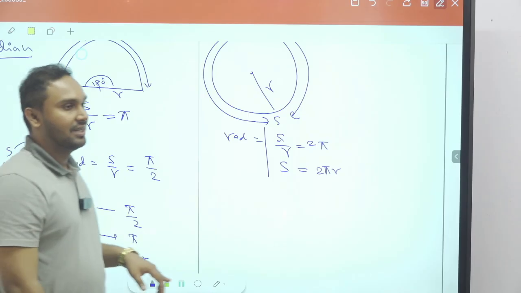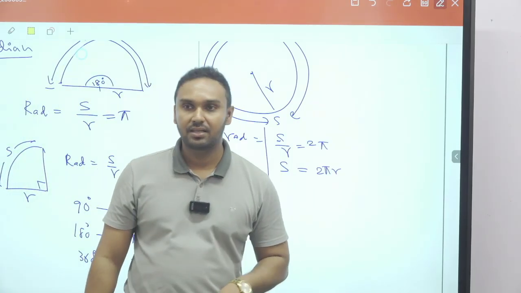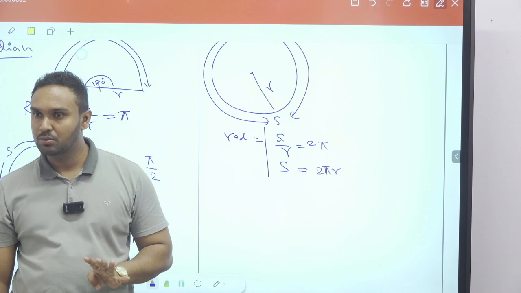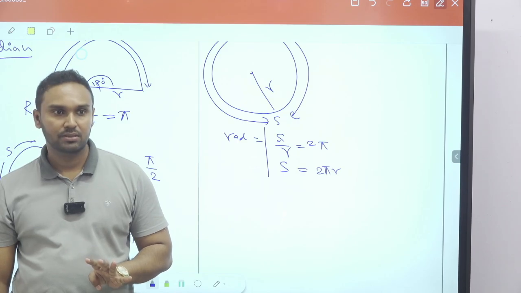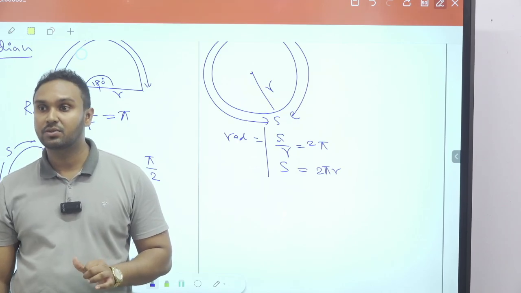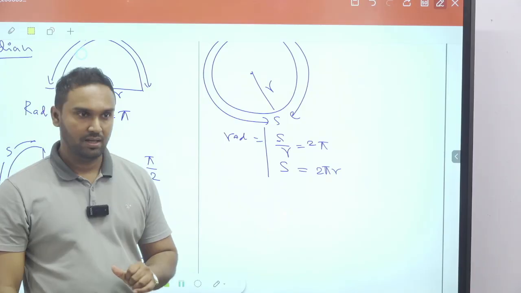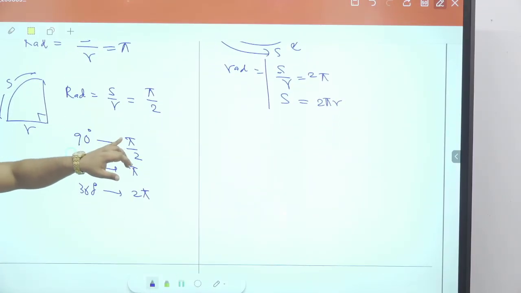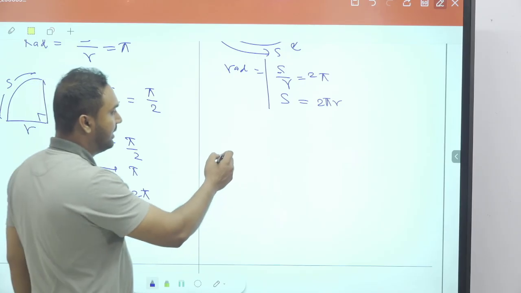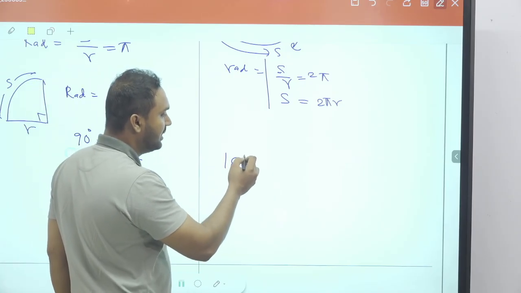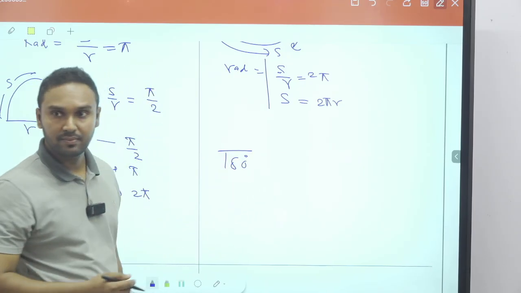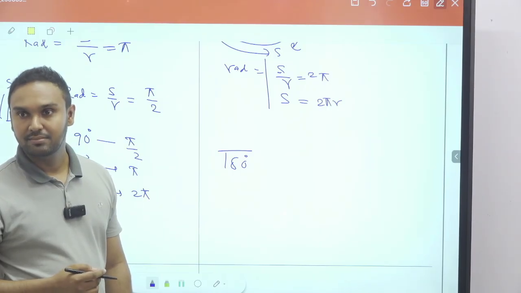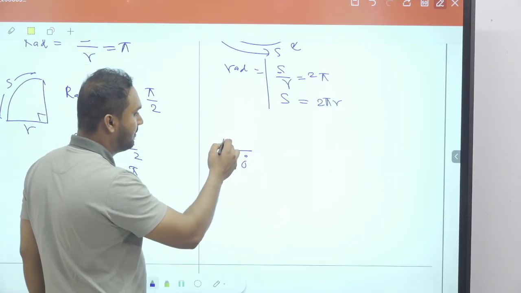Now, first thing is you have to understand how to convert degrees to radians. There is one formula, or one logic for that. 180 degrees is how many radians? Pi radians, right?